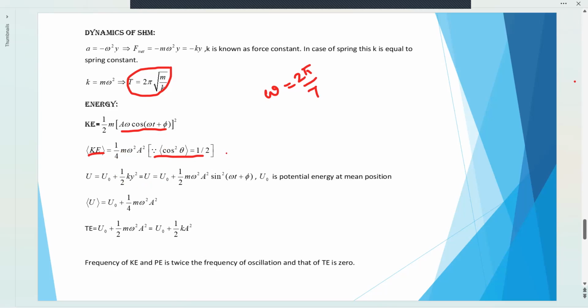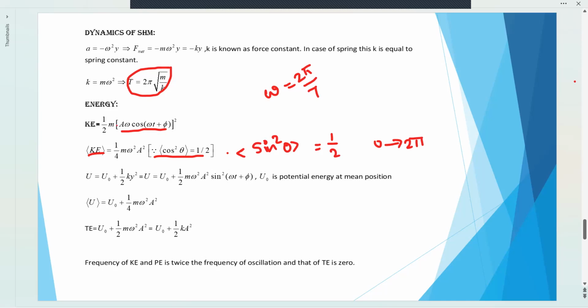I am writing that here also. Average value of sin square theta, we are taking one cycle, okay? It is 1 by 2. That means we are taking 0 to 2 pi in one cycle. The average value of sin square or of cos square, both are equal to half.